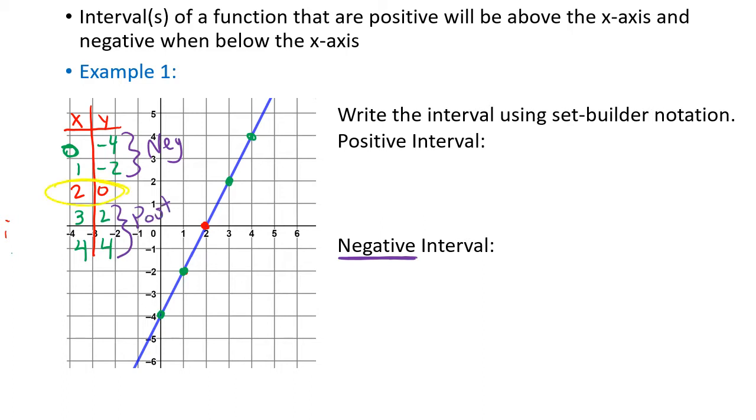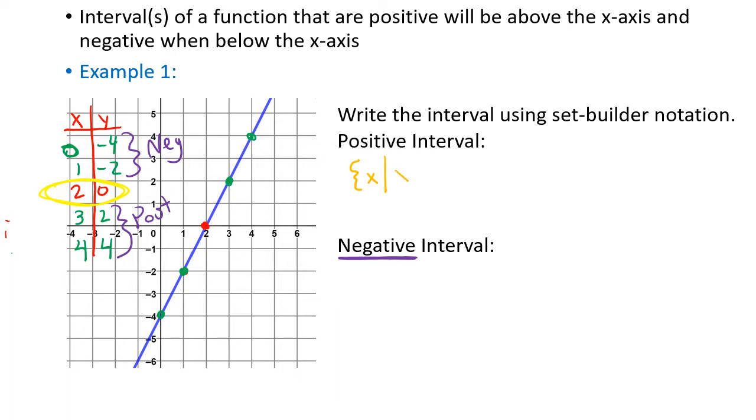Our neutral point is what we're going to use to help us write the intervals in set builder notation. So I'm going to go ahead and set up my bracket, x such that. Now I can see for the positive interval, those are where the y's are positive. So I'm going to write it in terms of x. I'm always writing my intervals in terms of x. So any number that is greater than 2 is going to give us a y value that's positive.